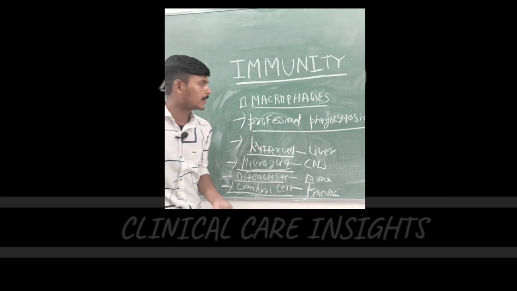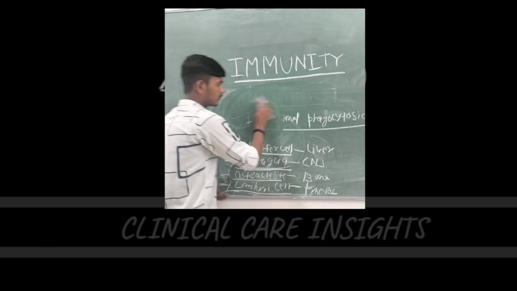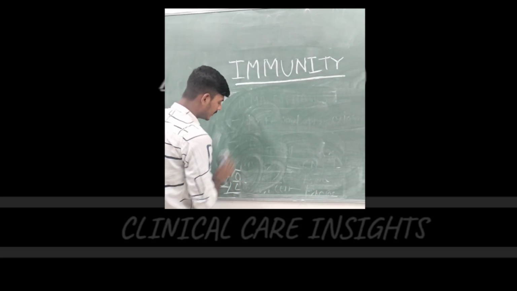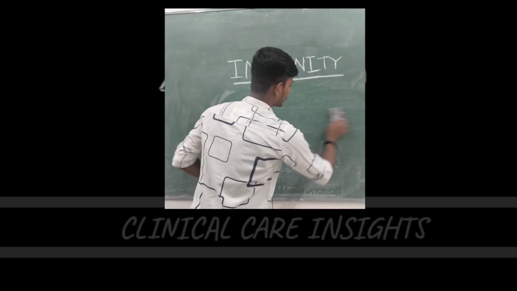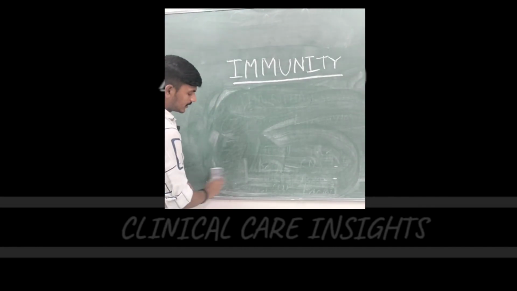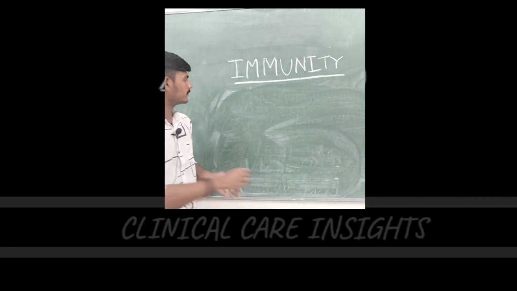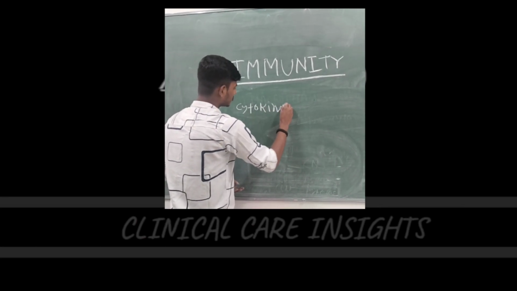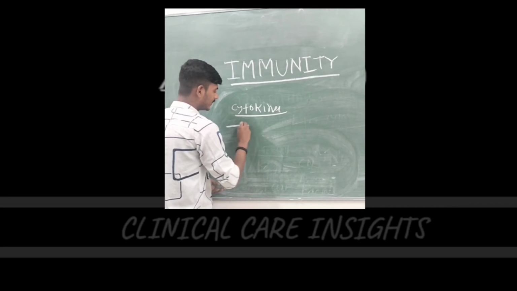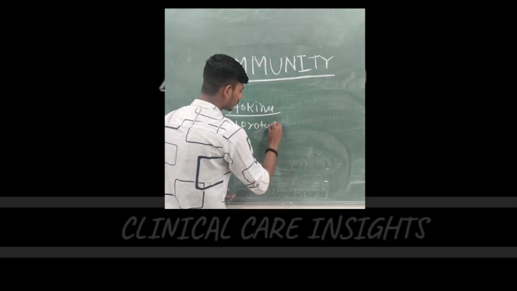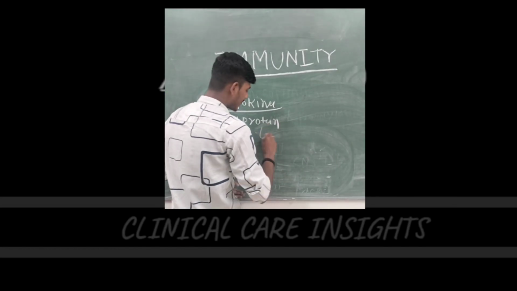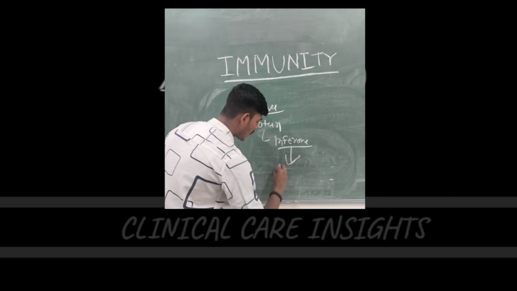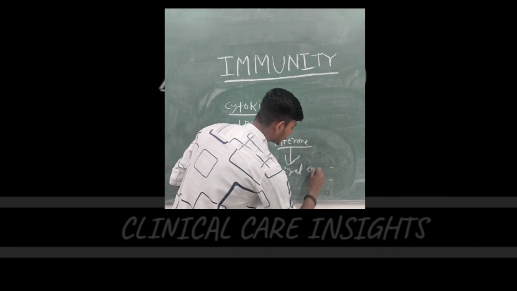Now the last one is called the cytokine barrier. These cytokines are basically specialized proteins which act as immune functional cells. These are the proteins which are secreted in the form of interferons, which destroy virus-affected cells.